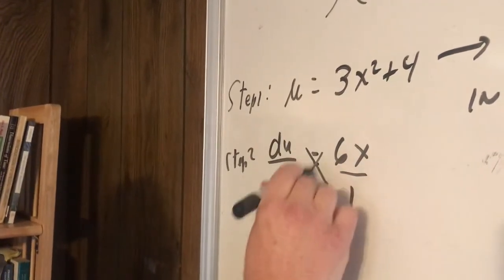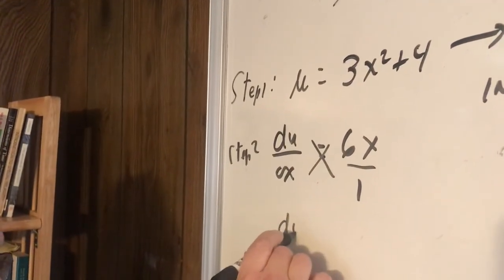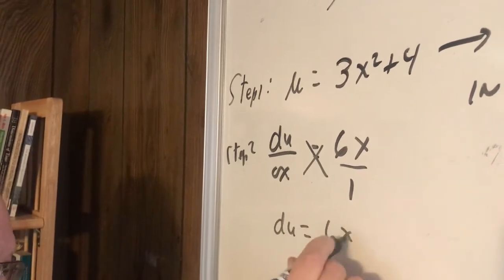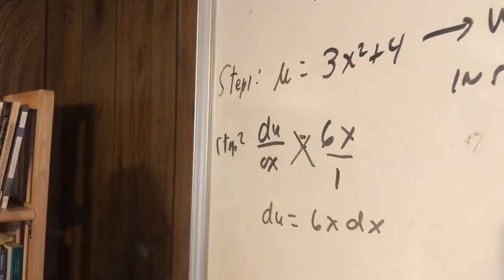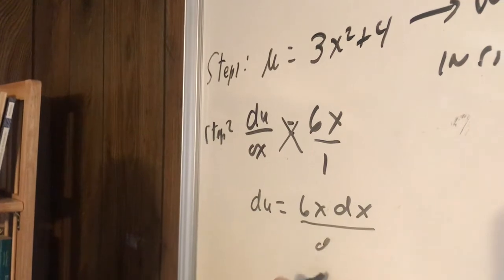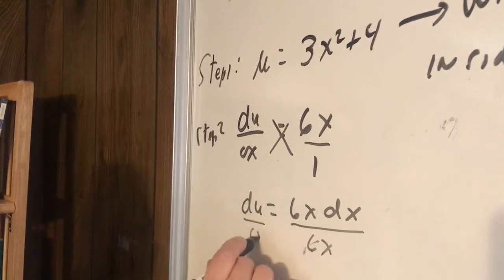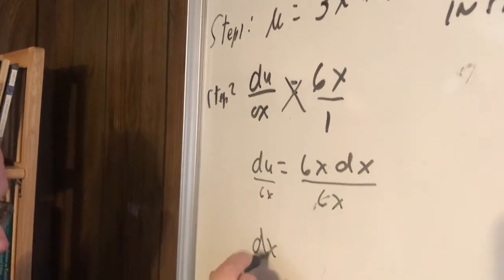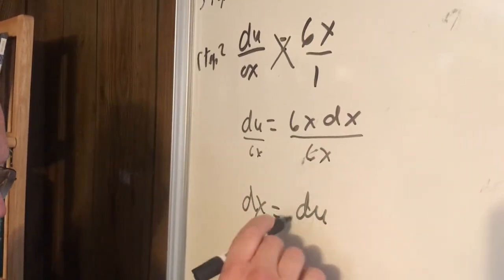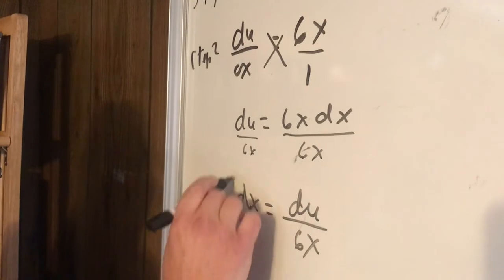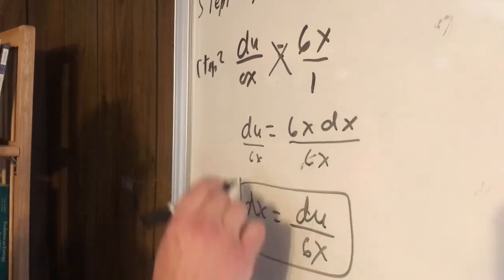I'm going to cross multiply. Then I'm going to divide by dx. I'm going to divide by 6x. So dx equals du over 6x. And these are the two things that we're interested in.